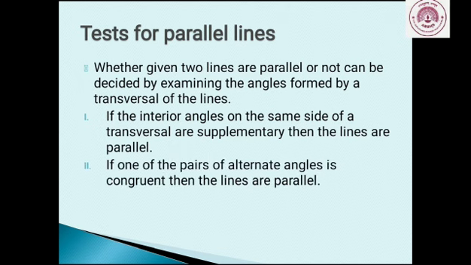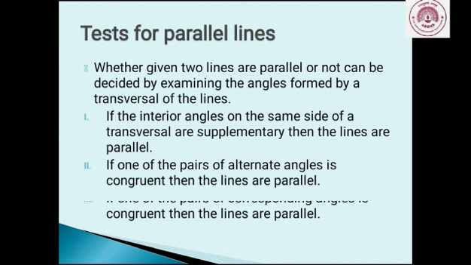Second, if one of the pairs of alternate angles is congruent, then the lines are parallel. Third, if one of the pairs of corresponding angles is congruent, then the lines are parallel. So let's see the first test.